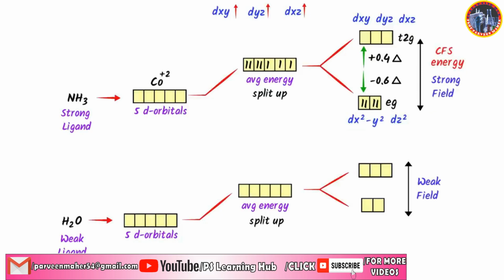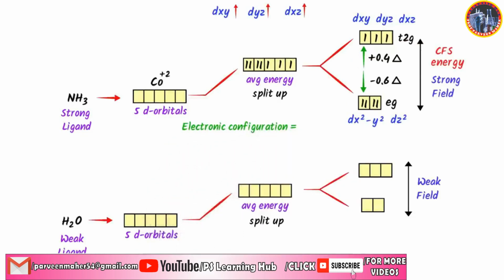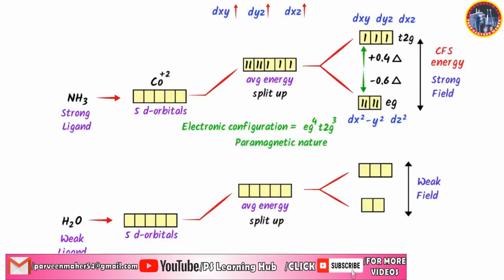Now these orbitals are filled. The fifth electron will jump to this set. The sixth electron will stay in this orbital and the seventh electron will stay in this orbital. I write the electronic configuration, which is Eg 4 electrons, T2g 3 electrons. Secondly, the electrons are unpaired, so it is paramagnetic in nature.